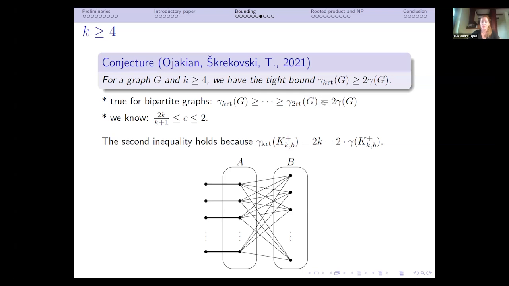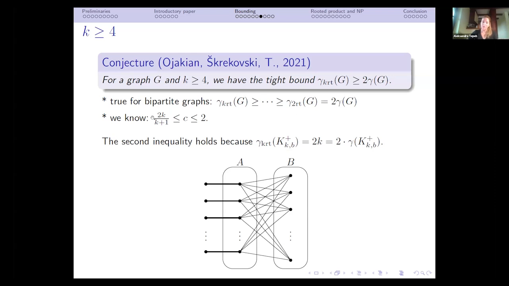And if we take a look at the ratio of the k-rainbow total domination number of this graph, which you can see in this figure, and the domination number of this graph, the ratio is 2, but we couldn't find any examples to get below 2.